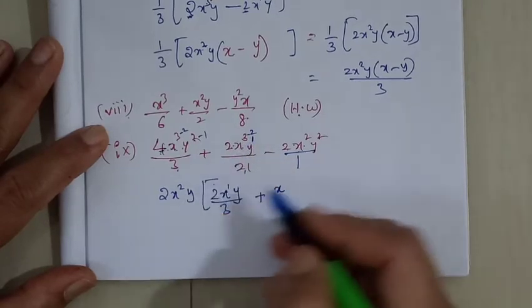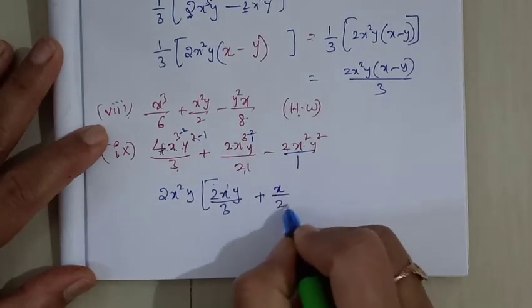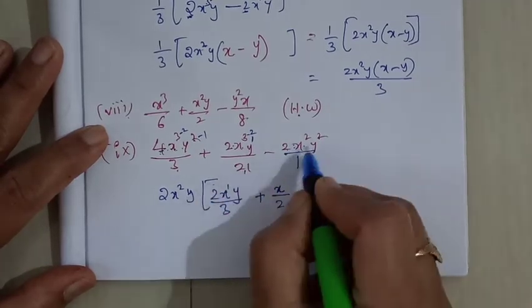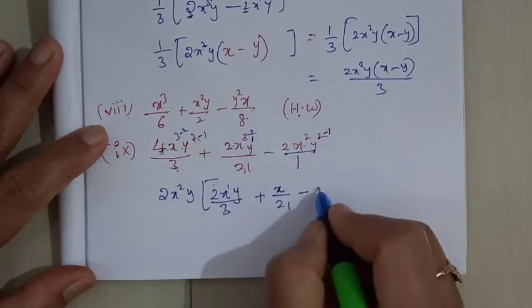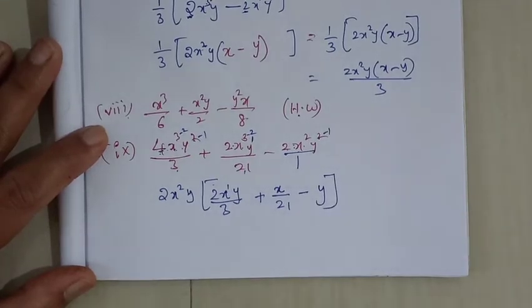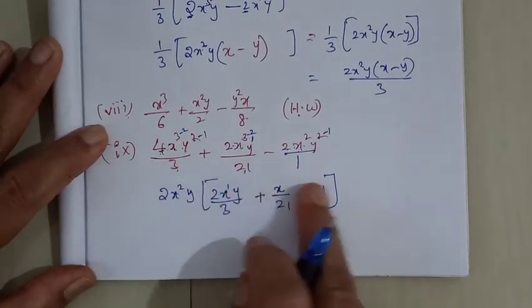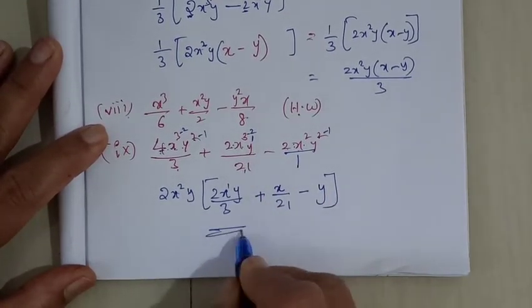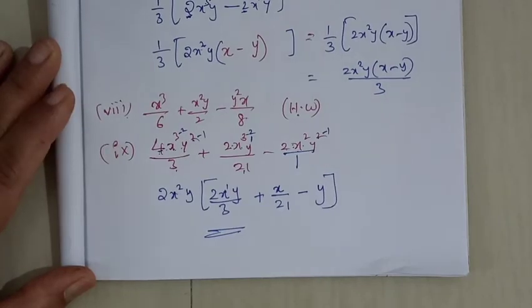Y we have taken already common, by 21 minus what is here, 2x square and 1 y, means only y will be left. Okay, that's all the answer. We cannot take any common in denominator because there is no denominator in the third term. This will be the required answer. Okay.